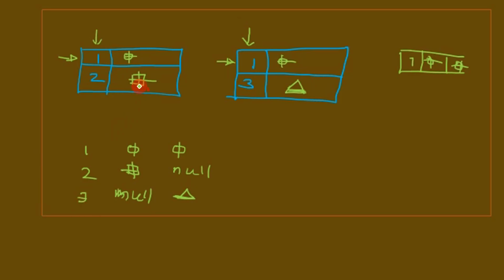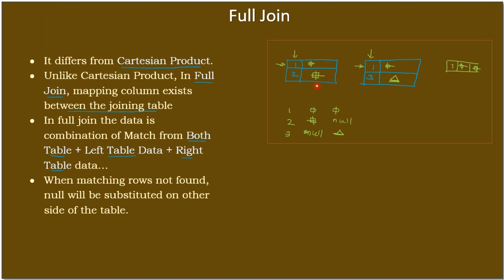If you see here, it's not Cartesian product, but at the same time it brings all the data. So when there is a mapping column between both the tables, it will bring that, and then it will bring data for all the left table, and for the right table, if there is no mapping column, it will substitute null. Similarly, it will bring all data from the right side table, and if there is no mapped data in the left side table, it will substitute null for that.